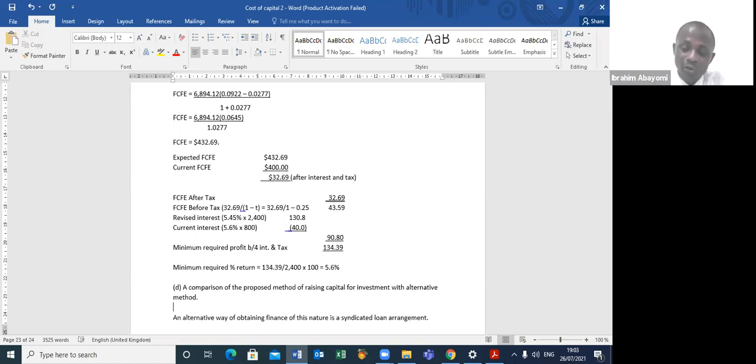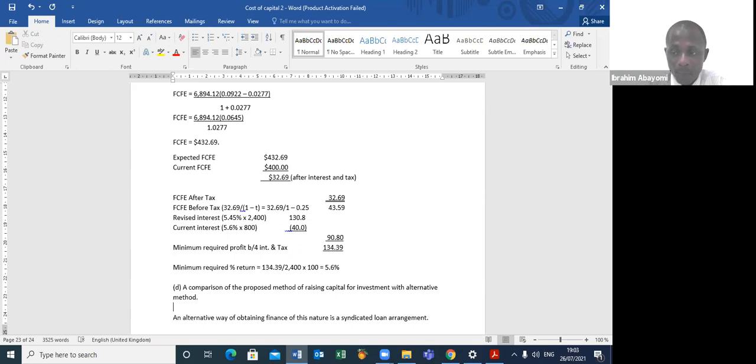Now, when a company wants to raise capital through bond, you can use bond to raise a huge amount of money, such as the one Dividend is considering here, isn't it? You can raise a considerable amount of capital from the bond market.